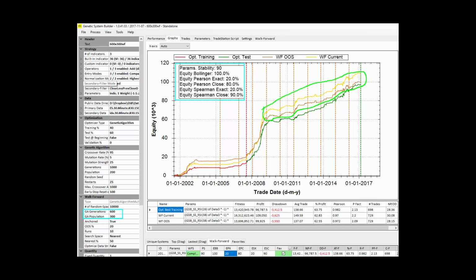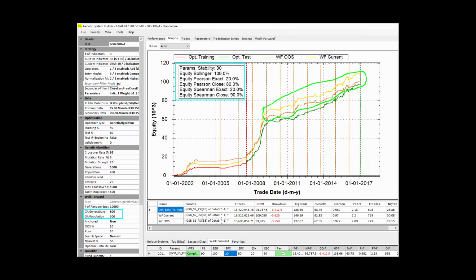And we also have some metrics that will help us search and clarify for these things. If you look at the screenshot there, you can see equity Bollinger Band 100%. That means the two curves are within a Bollinger Band of each other. You can actually tweak the exact parameters under Tools, App Settings.